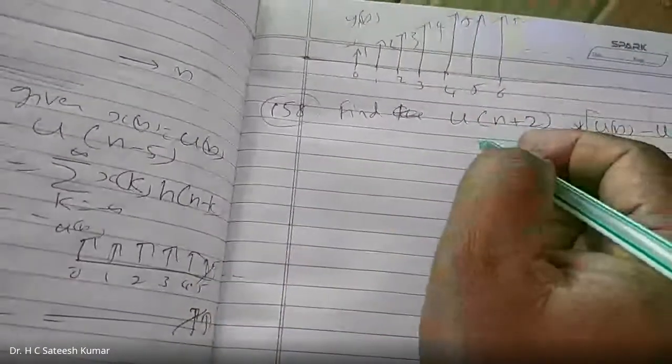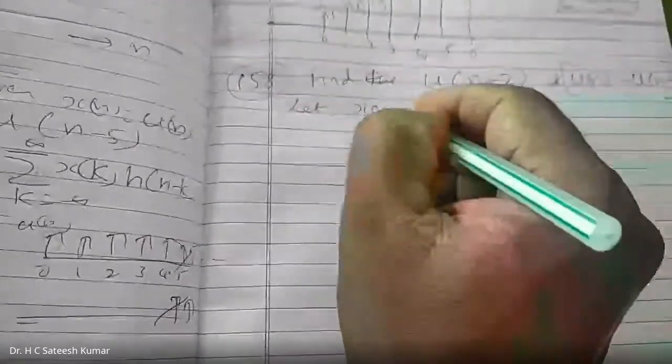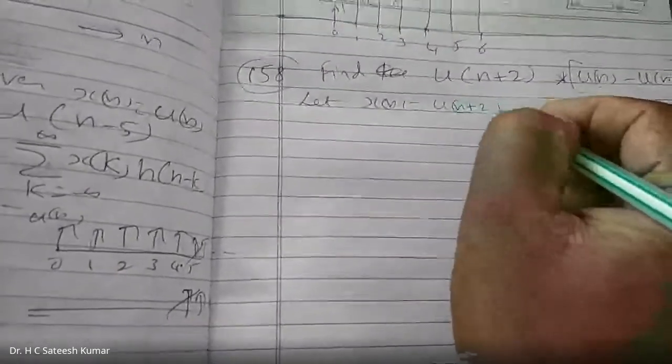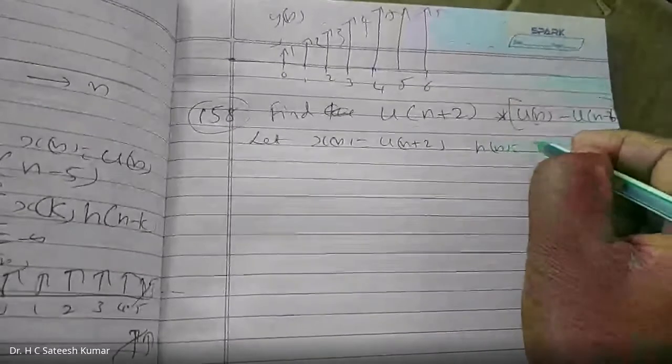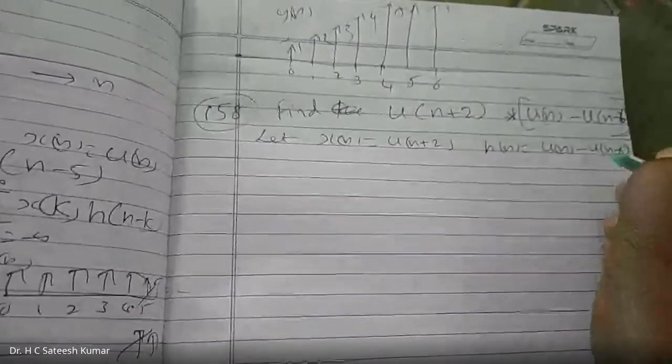He has not called it x of n, h of n. Let x of n is equal to u of n plus 2, but sometimes they don't give it. And h of n is equal to u of n minus u of n minus 6.